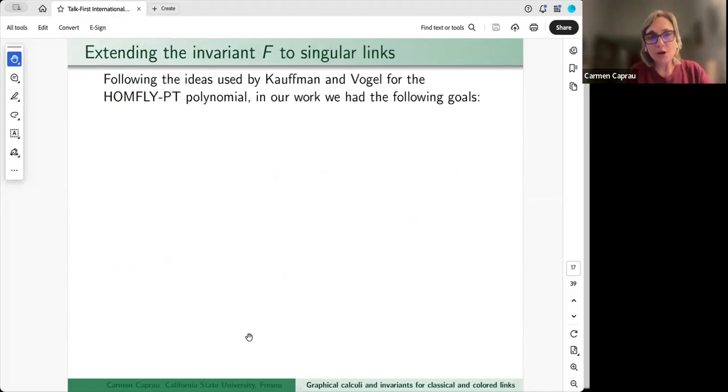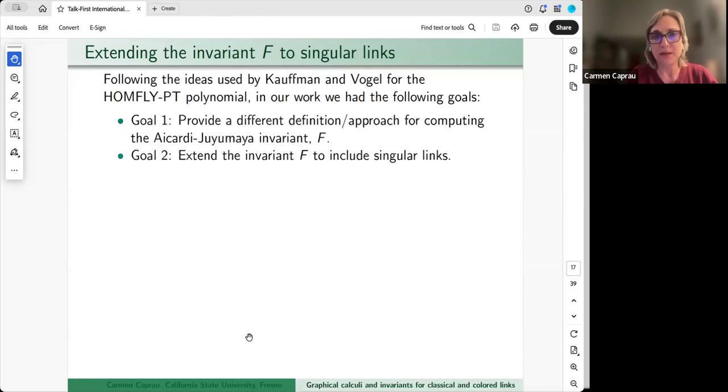Okay, so our goal with my former students, Audrey and Connor, was to extend the Aicardi and Juyumaya invariant to singular links, but actually we wanted to provide a state sum model for that polynomial in a similar way as Kauffman and Vogel did for the HOMFLY-PT polynomial.